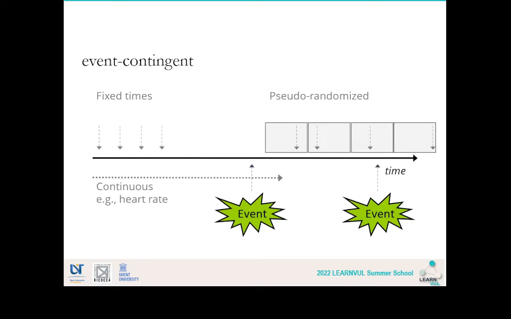Okay, so it's really depending on the life of the participant, on the frequency of what things are happening. So depending on what you are studying, if you're looking at something that is not really frequent, it might be easier to go for event contingent, rather than assessing every 4 hours, and then many 4 hours you won't see anything.